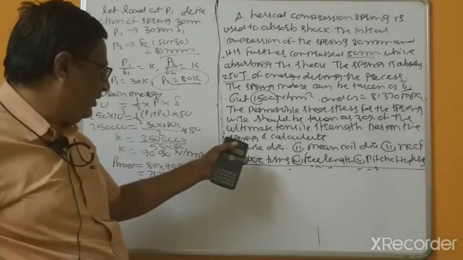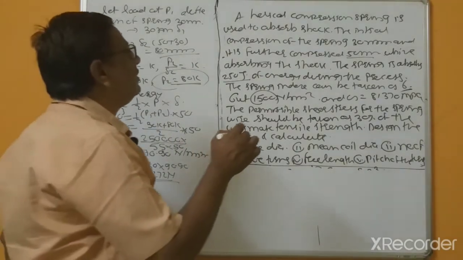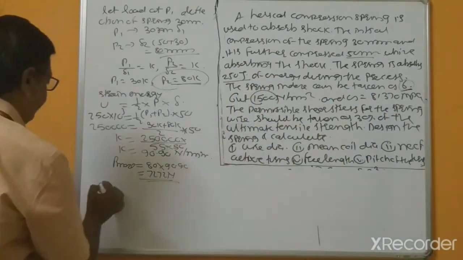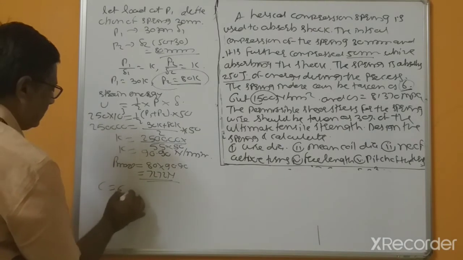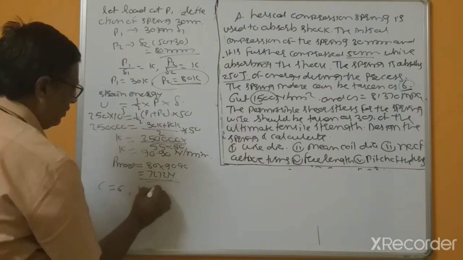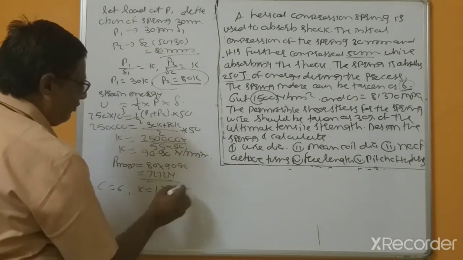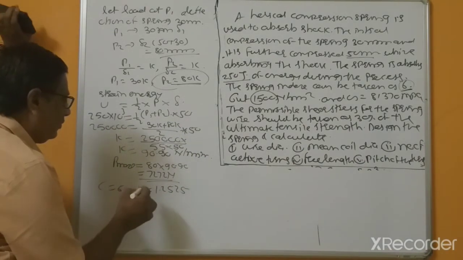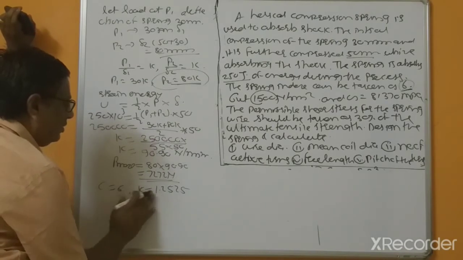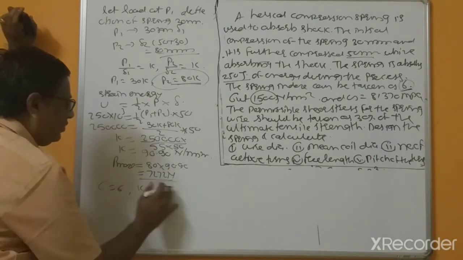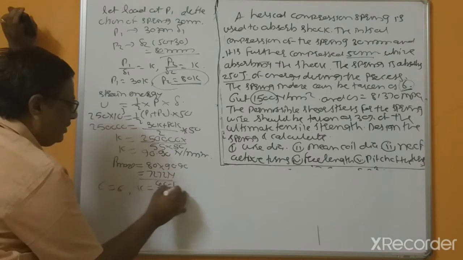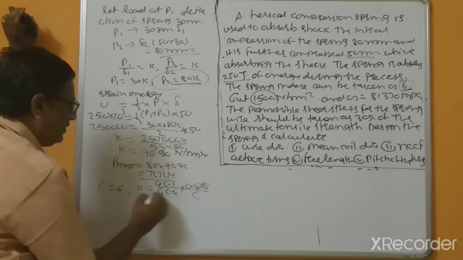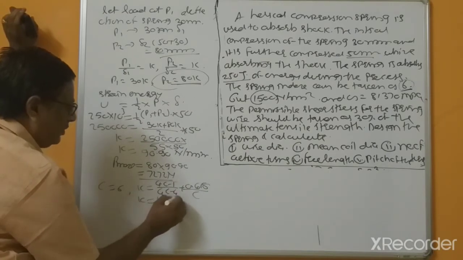So what is to be calculated? Wire diameter. Spring index is given as 6. So for spring index C equal to 6, K equals 2.5. This is Wahl's correction factor. Otherwise I will write K equals the formula (4C minus 1) divided by (4C minus 4) plus 0.615 divided by C, and this is K equal to 2.5.